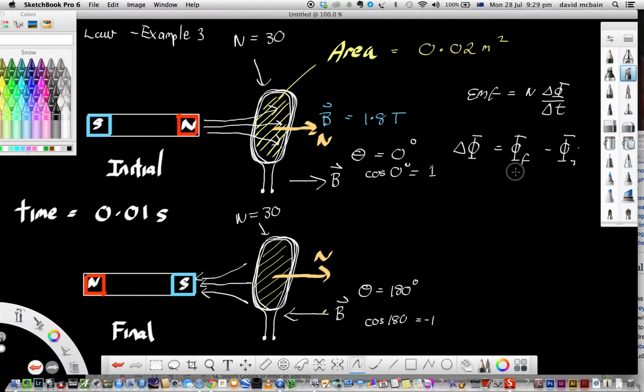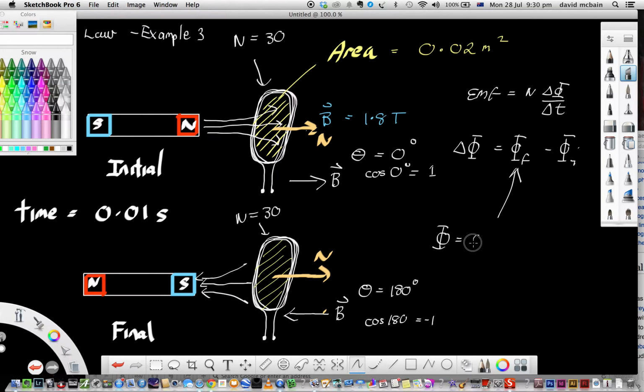So for the final flux, this is the final state. This is when they're pointing in opposite directions. The normal to the coil and the magnetic field line are pointing in opposite directions, so the angle is 180 degrees.